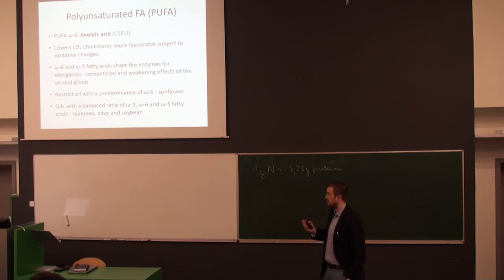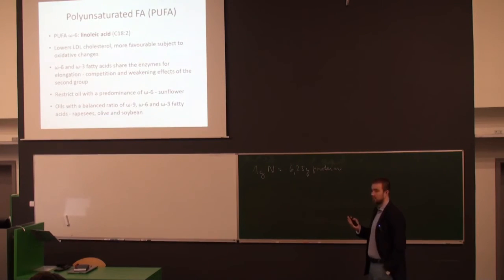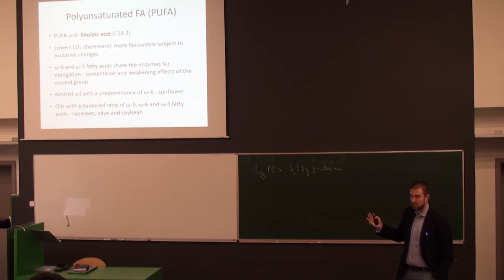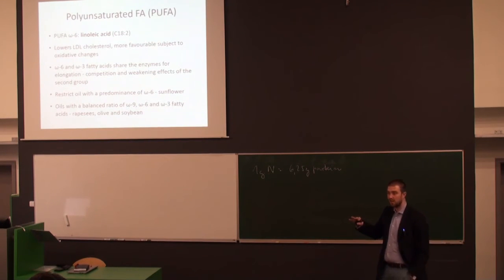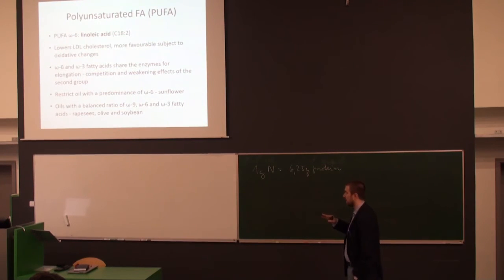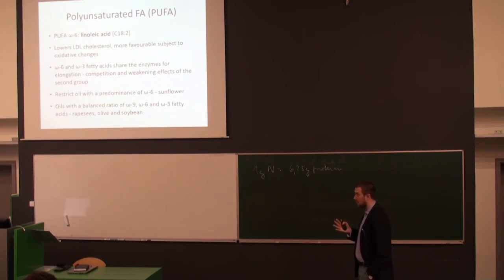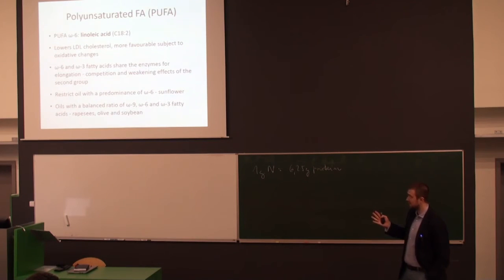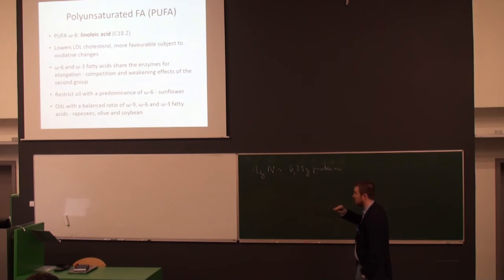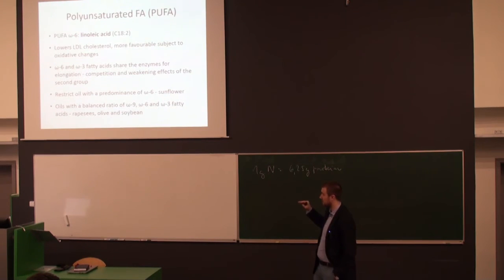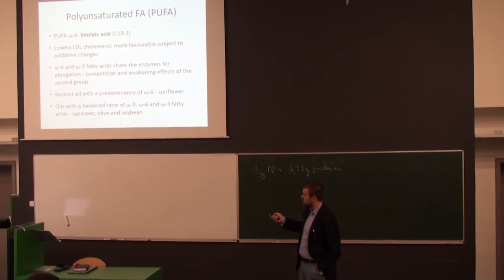So you can read on the sunflower oil that it's rich in polyunsaturated fatty acids. That's true, they are not lying. But unfortunately, dominant are the omega-6, and that you don't want to have. And if you look at the oils that have a balanced ratio of omega-9, omega-6, and omega-3, that's rapeseed oil, olive oil, and soybean oil.